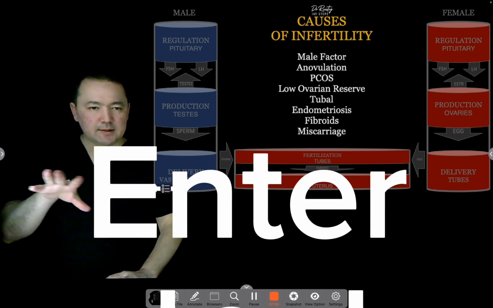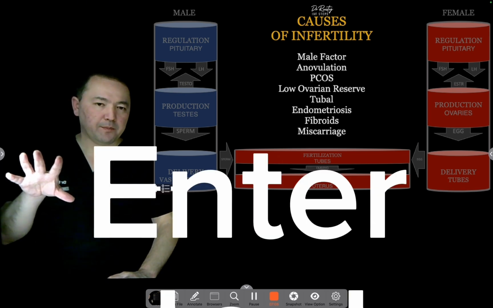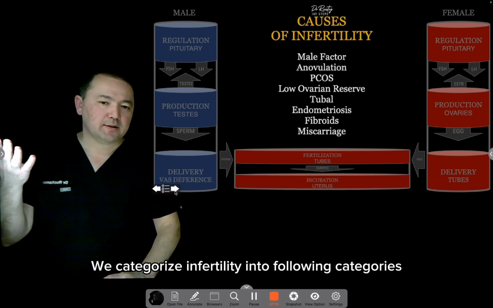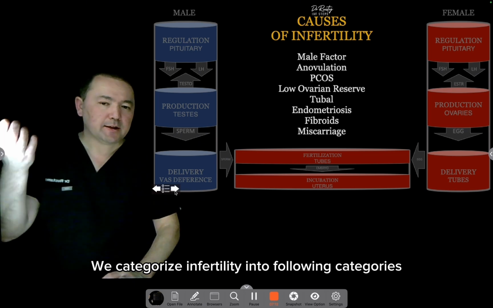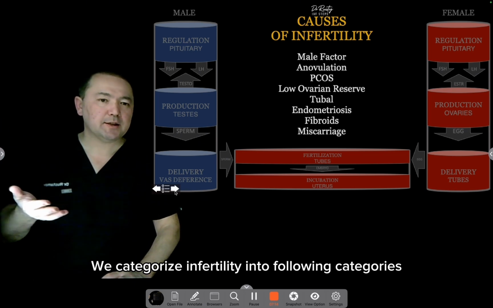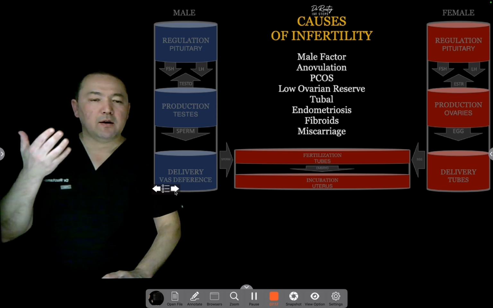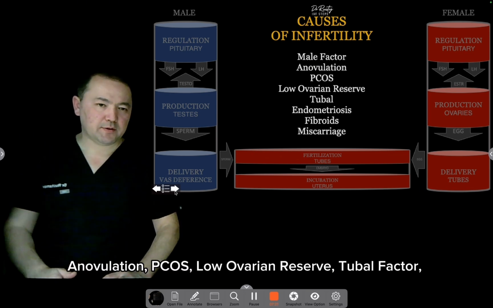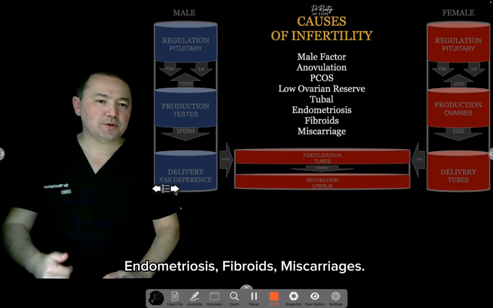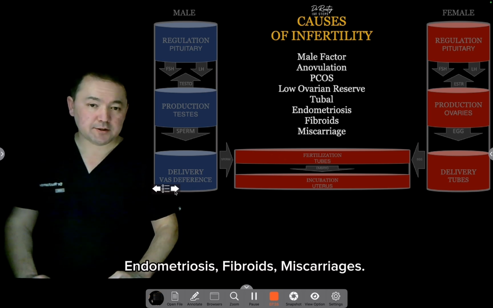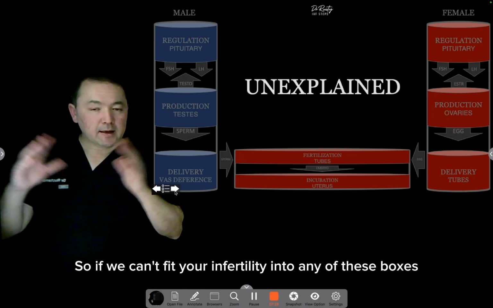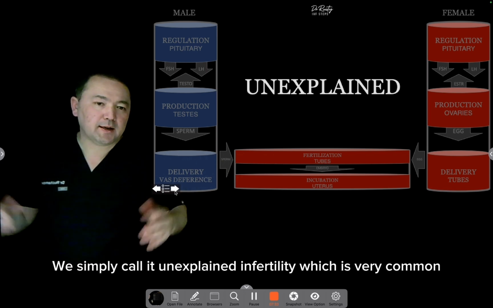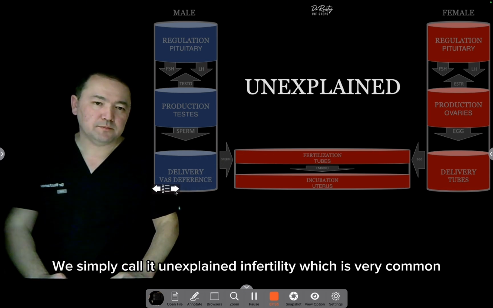Looking at these causes, essentially we categorize female infertility into the following categories: male factor, anovulation, PCOS, low ovarian reserve, tubal factor, endometriosis, fibroids, and miscarriages. If we can't fit your infertility into any of these boxes, we simply call it unexplained infertility, which is very common.